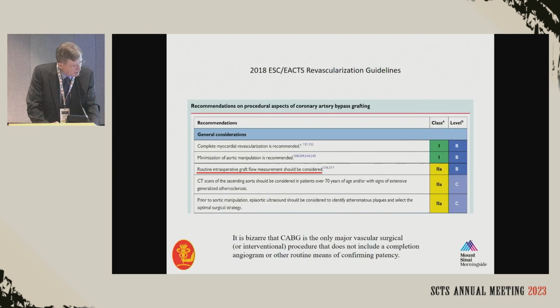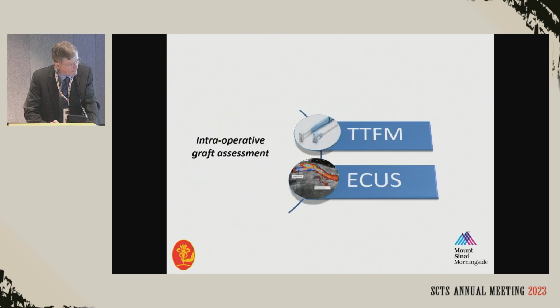And now, in the European guidelines, routine intraoperative graft flow measurement should be considered, and gets a 2A recommendation. I would argue it should be higher than that, but 2A is pretty good.